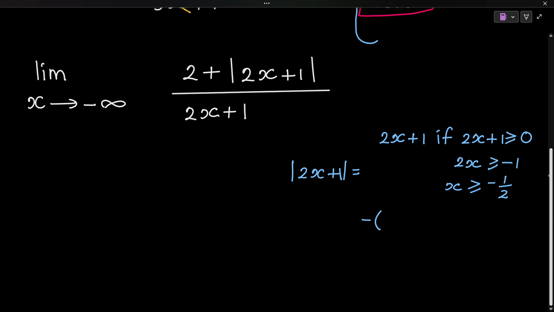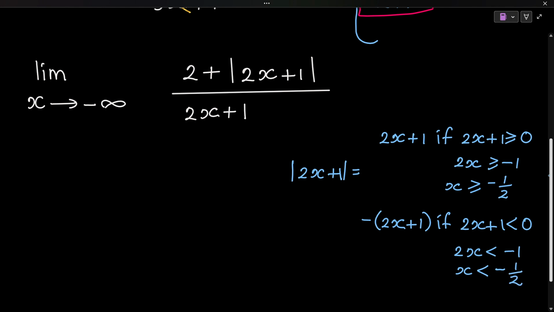Then we could also have the negative function. So negative of 2x plus 1. That is if the function is less than 0. So let's get x alone. Taking the 1 over becomes negative 1. Dividing throughout by 2, we get negative 1 over 2.